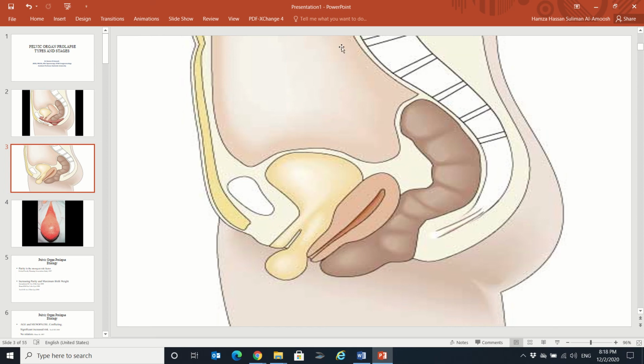If we look at the posterior wall and see the rectum here is pushing also, and the rectum is about 1 to 2 centimeters outside the hymen ring or outside the vagina, and this is a third degree rectocele or posterior wall prolapse.